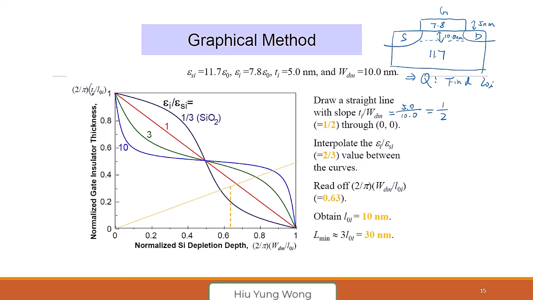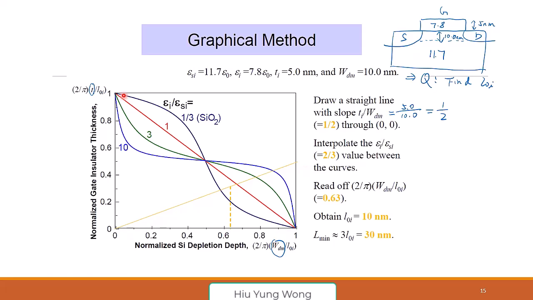So this is T-ox, this is WD. So it means I will have this slope. So all the solutions must lie on this line because the T-ox divided by WD must be 1/2. That is one thing, right?